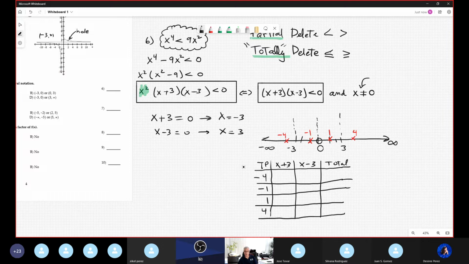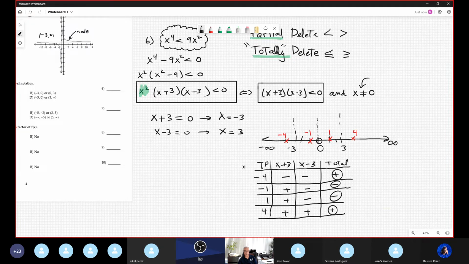So plug it in. At -4, x plus 3 is negative, x minus 3 is negative, positive. And -1 is positive, because -1 plus 3 is positive, and -1 minus 3 is -4, negative. And 1 is positive again, and 1 minus 3 is negative too, negative. And 4 is 7, and 1, positive.